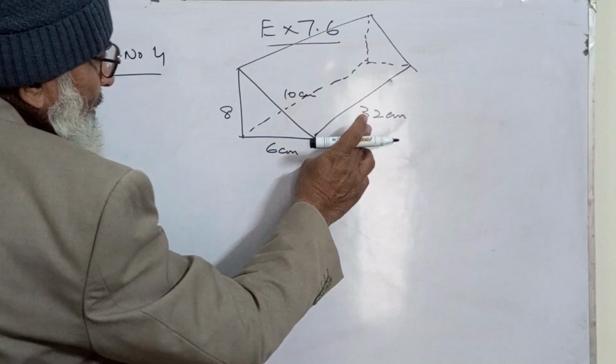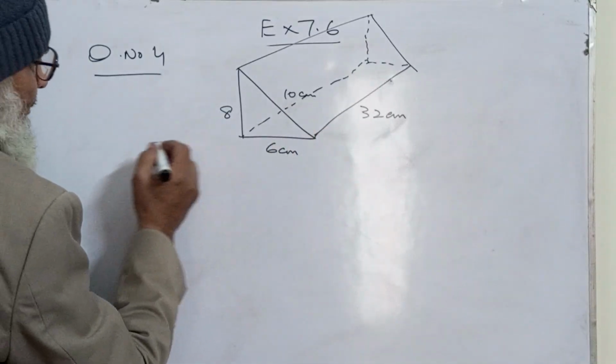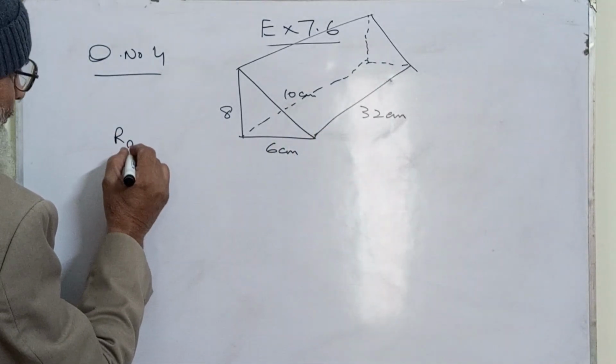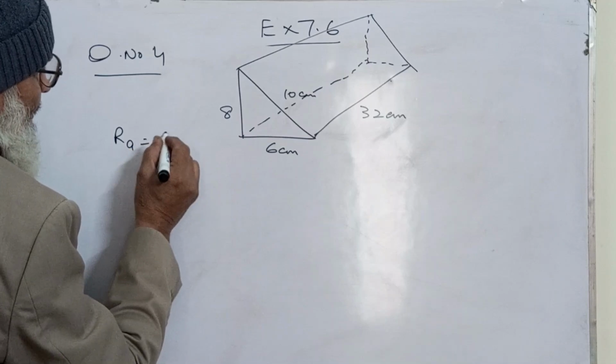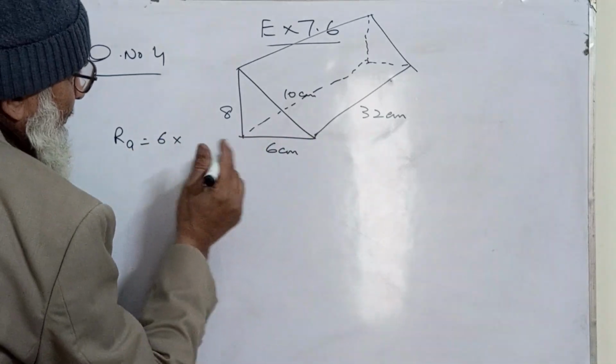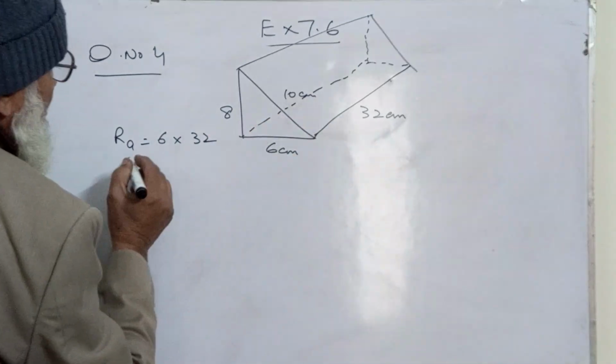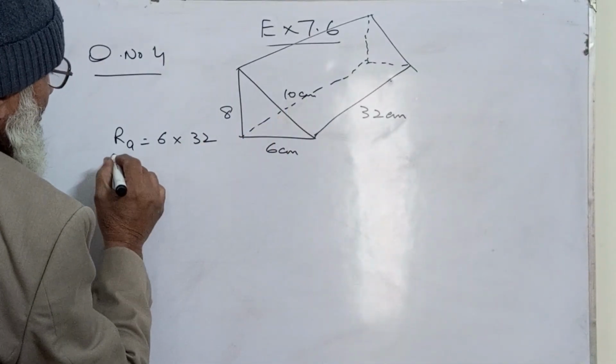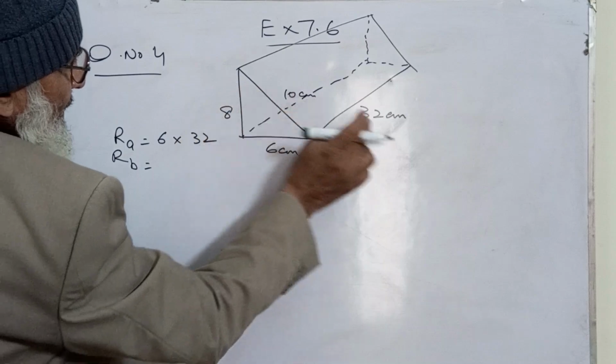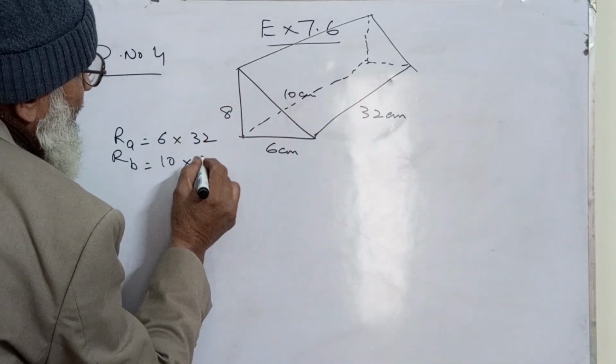Now, there is a rectangle, rectangle A, RA, which is 6 multiplied by 32. Rectangle number 2 is B, which is RB. Rectangle RB is 10 multiplied by 32.